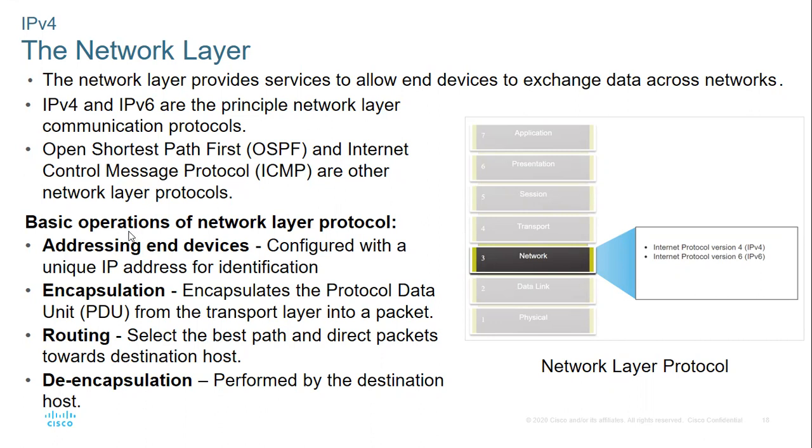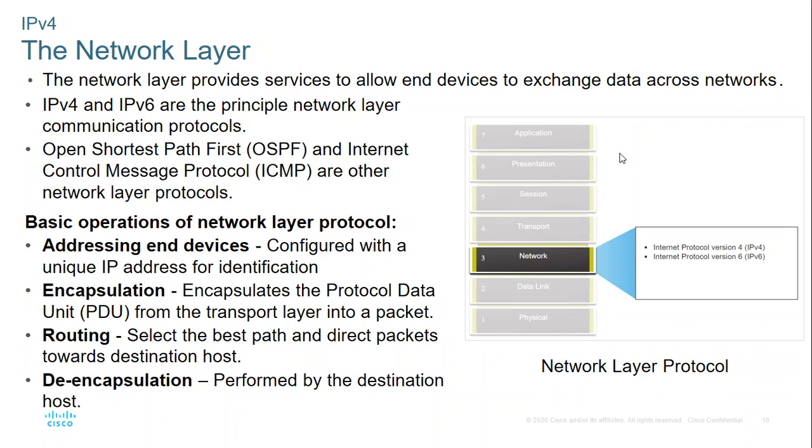Okay, so what are some of the basic operations of a network layer protocol? You can see addressing end devices: IPv4 addresses and IPv6 addresses. The other thing is encapsulation. Encapsulation has to do with adding the network header.